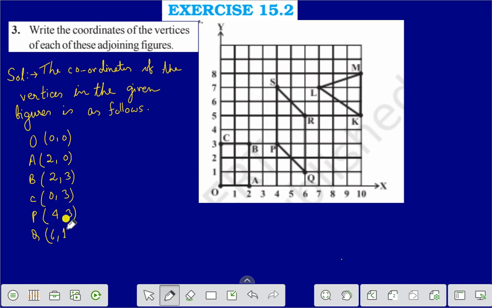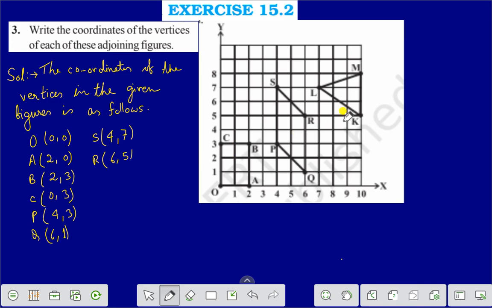Now find the coordinates of S. This is S. You see, the value of x is 4 and the value of y is 7. That is 4, 7. Coordinates of R: the value of x is 6 and the value of y is 5. That is 6, 5.